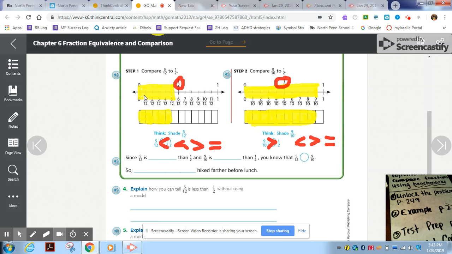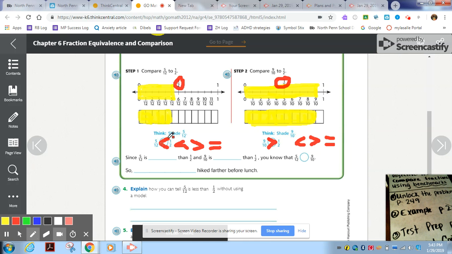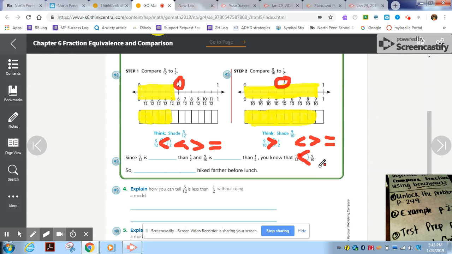Well, let's look. Is 5/12 less than, greater than, or equal to 9/10? Just by looking at pure size, I can tell that 5/12 is much smaller than 9/10. So I'm going to say, 5/12 is less than 9/10.